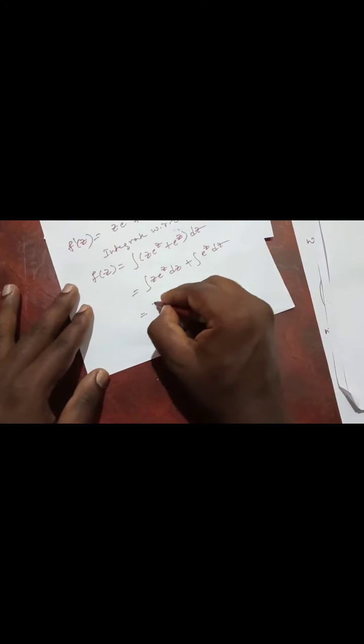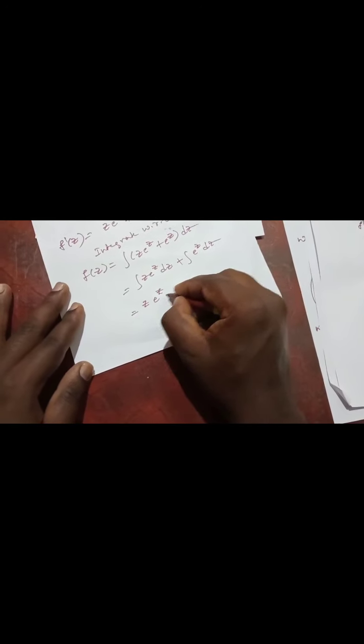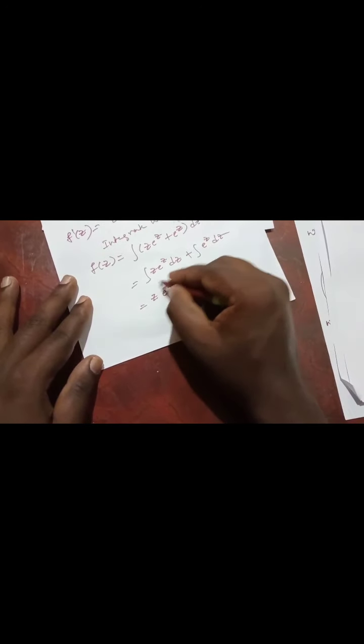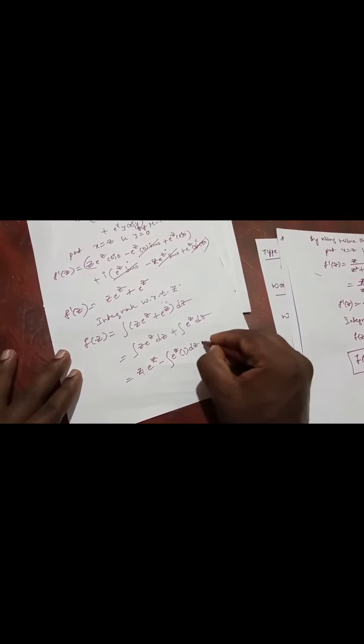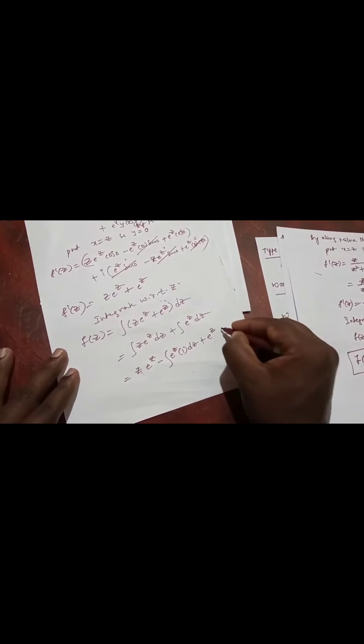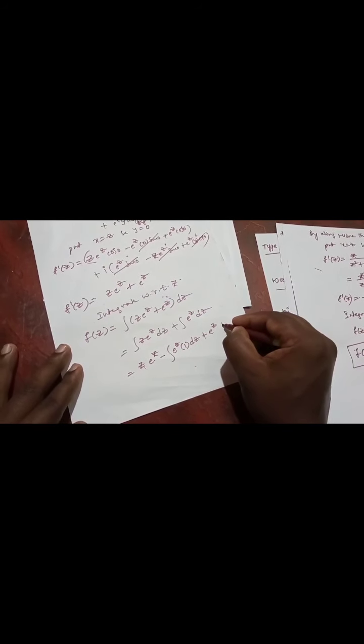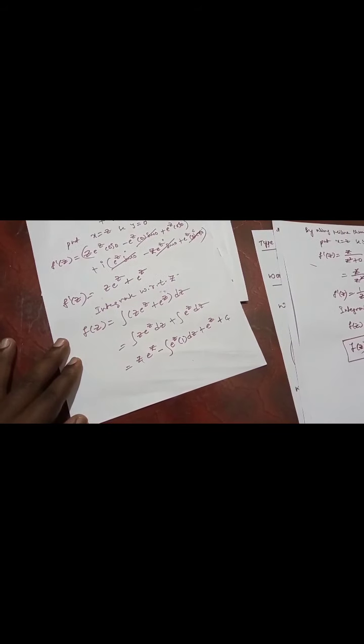Write z as it is, integration of e power z is e power z, minus the integral of the integrated quantity e power z times the differentiation of the first function with respect to z, plus some integral constant, which we write in the end.